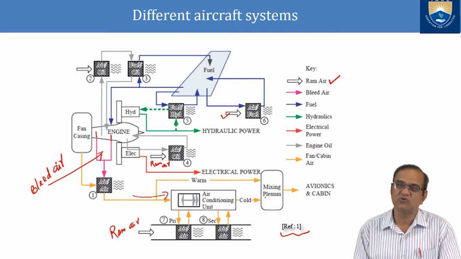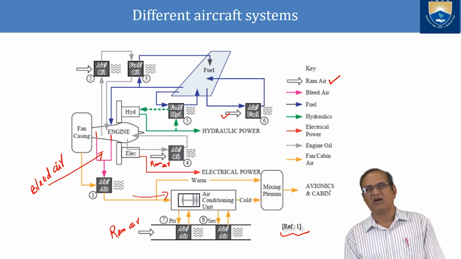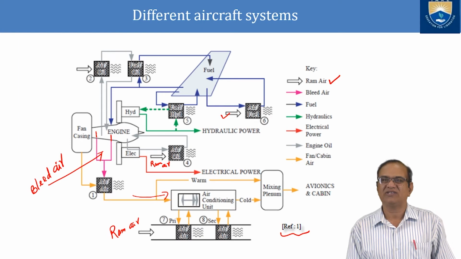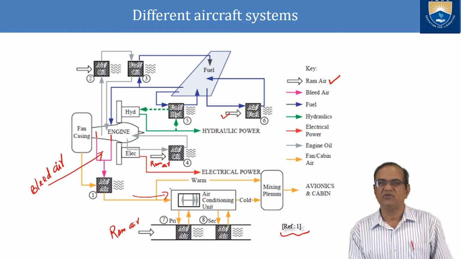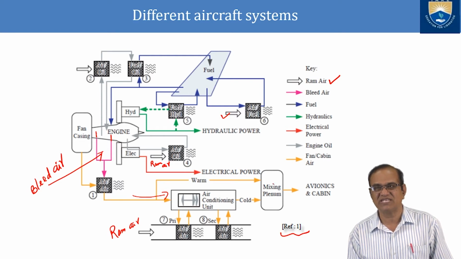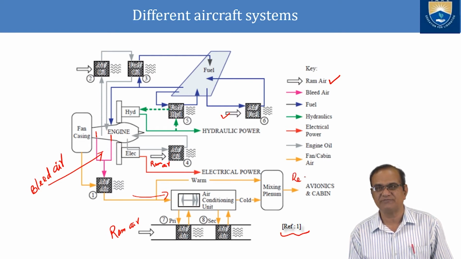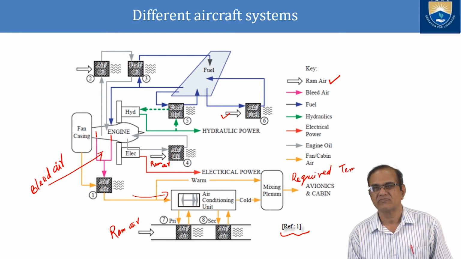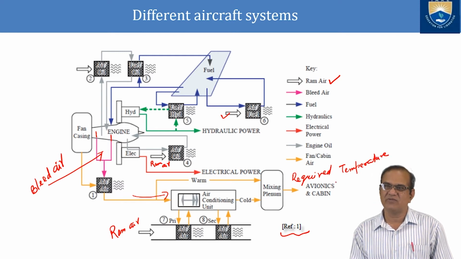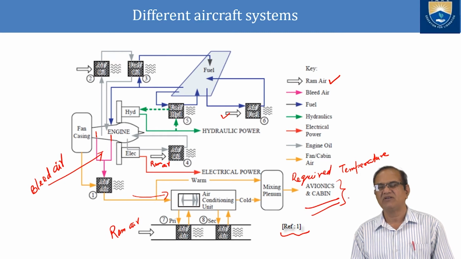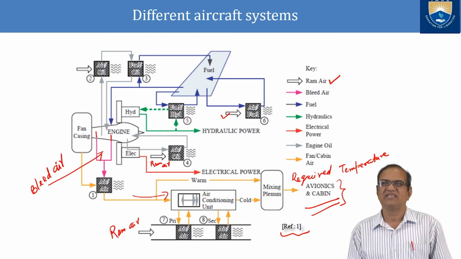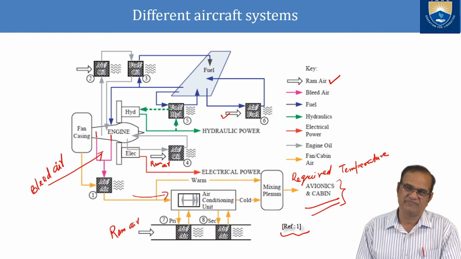This cool air goes to the mixing plenum, and from there it goes to the avionics compartment or the passenger or cabin compartment. From here the hot air will also bypass, the mixing will take place here, and as per the required temperature, it will be supplied to the cabin or the passengers where these are accommodated.